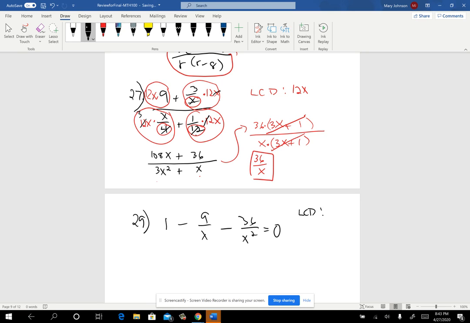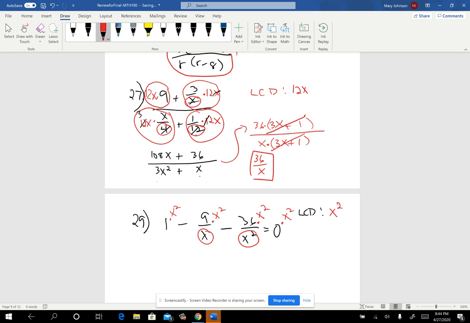We're going to use it to clear the fraction. So we look at the little denominators, and we can see that x squared would be the least common denominator. So what we're going to do is we're going to multiply all the way through by the x squared. So it would get distributed, and we'd multiply both sides by it.